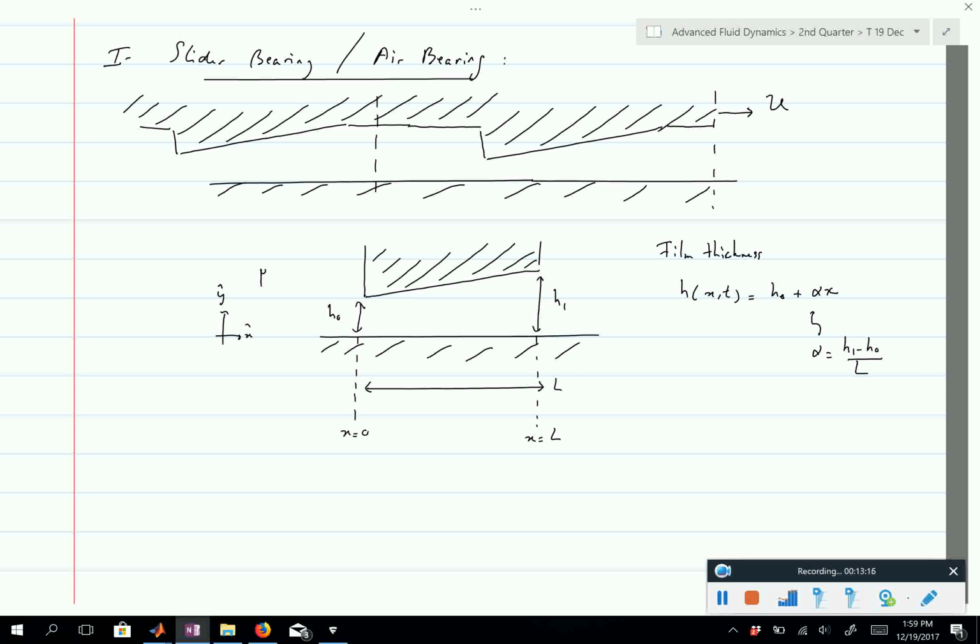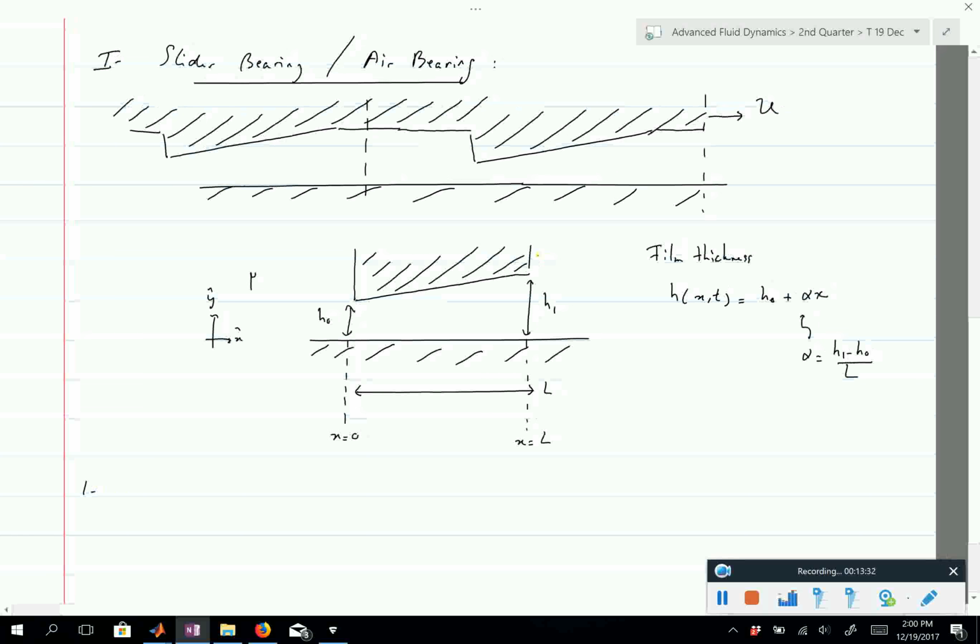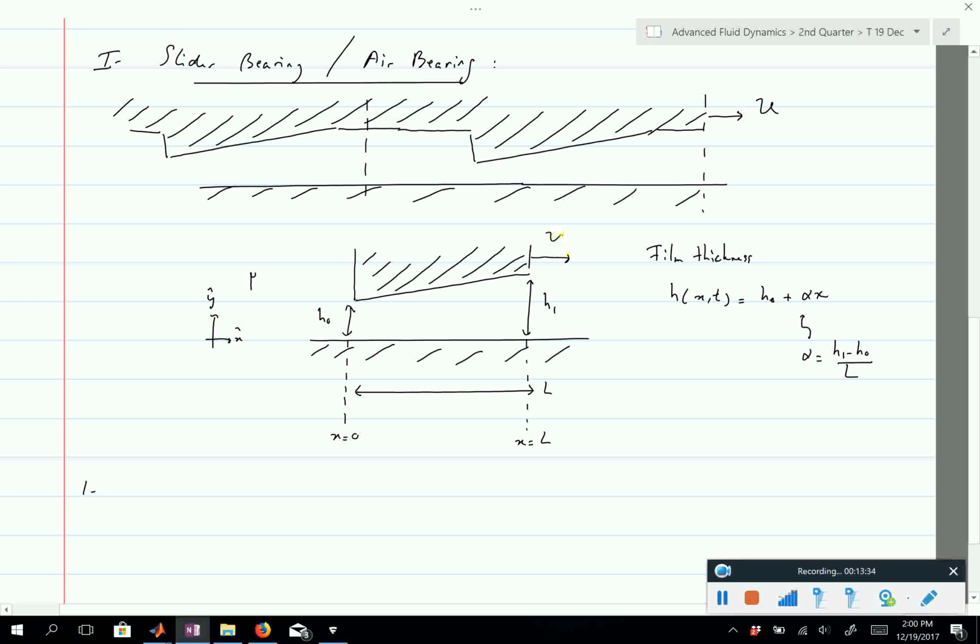Okay, and then the first question would be, the problem is posed in this way. You don't know exactly in which frame of reference to be, and in principle, now the whole thing is set in motion because the top plate is moving at a velocity u, right?